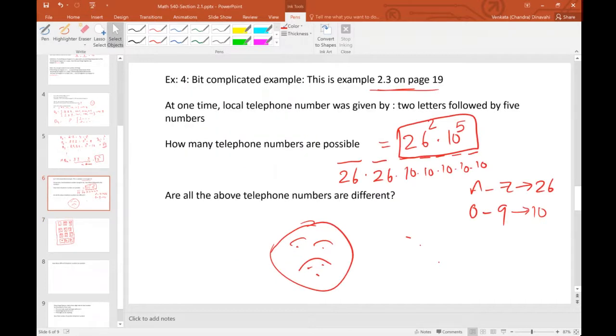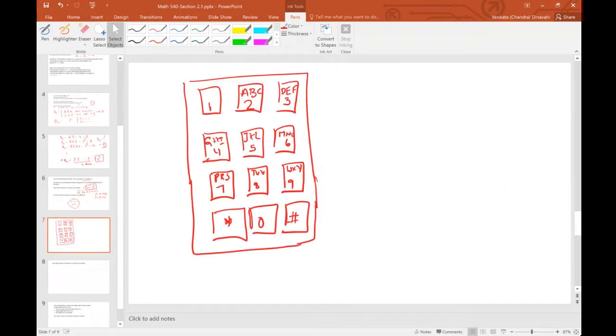So let us see. When I say that there are this many telephone numbers, 26 squared times 10 to the 5th, see how many of them are actually different. For example, your telephone number is BD45321, and your friend's telephone number is CE45321.